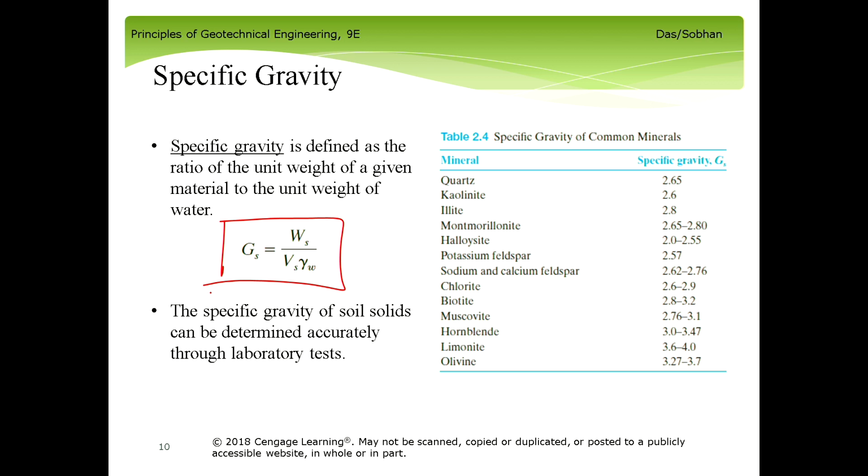Because you can always use the unit weight of such a material to divide the unit weight of water. That is why we use water to compare, because the weight of water is usually fixed. No matter the water in Australia, or the water in China, or the water in your country, the weight of the water is usually fixed.